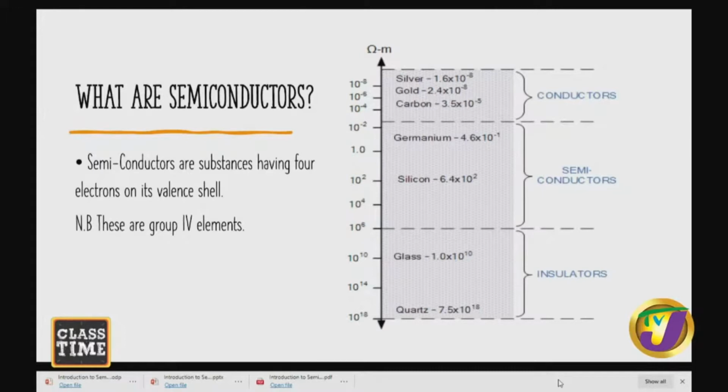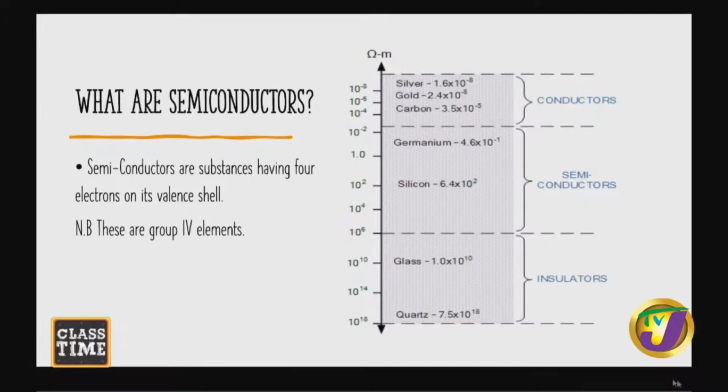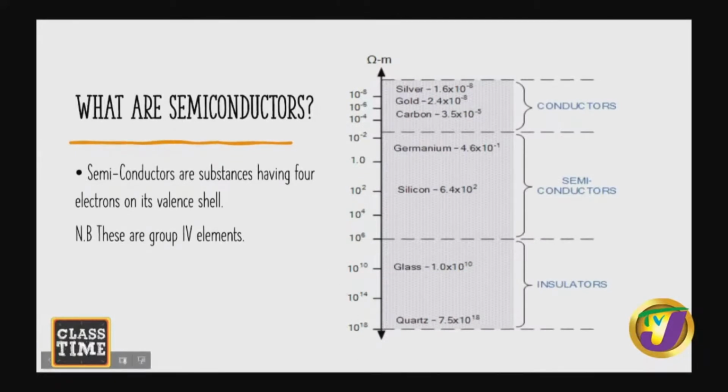So what are semiconductors? A semiconductor is a substance which possesses a resistance level between that of a conductor and that of an insulator. Now, as we mentioned earlier, we talked about the atomic structure, the electron theory behind semiconductors.